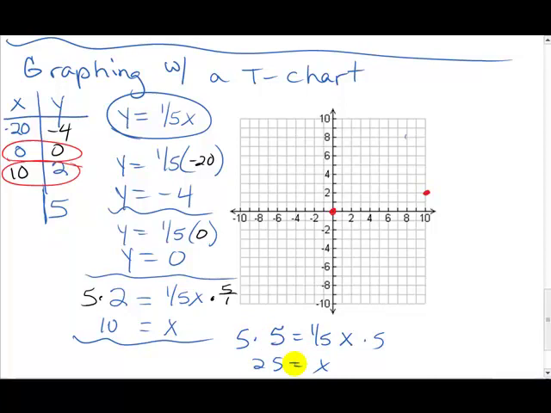So let me try something much smaller. Let's do 1. Okay, so 1 equals 1/5 x, and we'll multiply 5 on both sides. Oh, much better. Okay, so then let's take 5 and 1, and there we can see, draw a straight line.